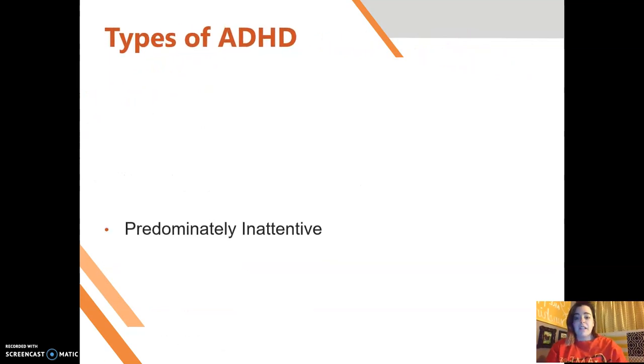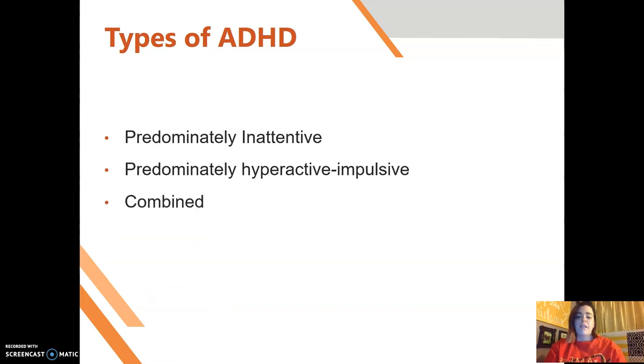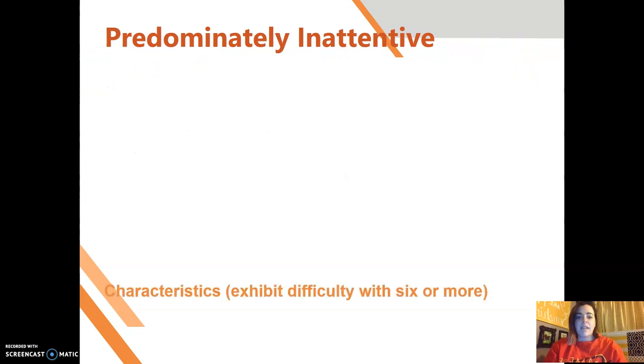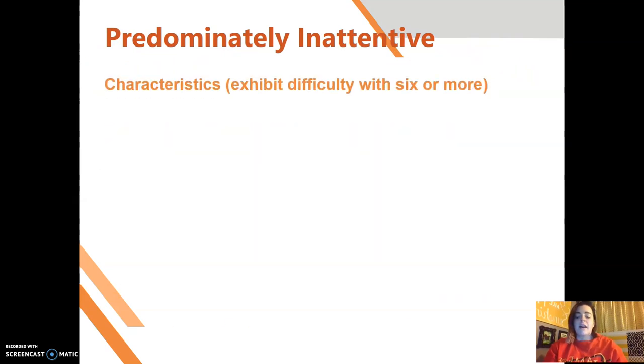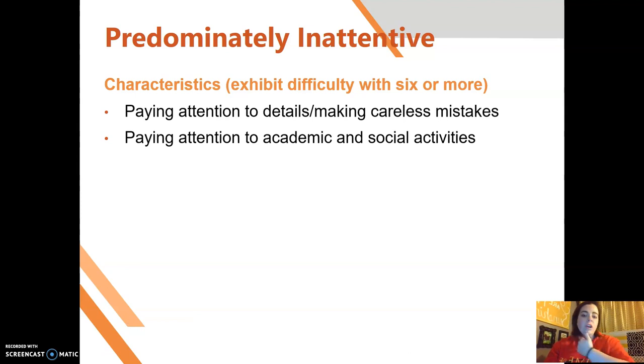So, the types of ADHD. You have predominantly inattentive, predominantly hyperactive impulsive, or you have combined predominantly inattentive and hyperactive impulsive. So, predominantly inattentive ADHD has characteristics, and you must exhibit difficulty with 6 or more of these characteristics. So paying attention to details, making careless mistakes. So this means you struggle with these things.